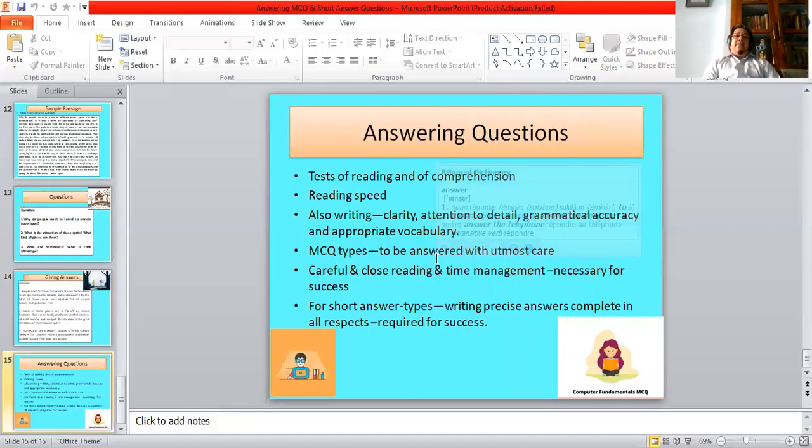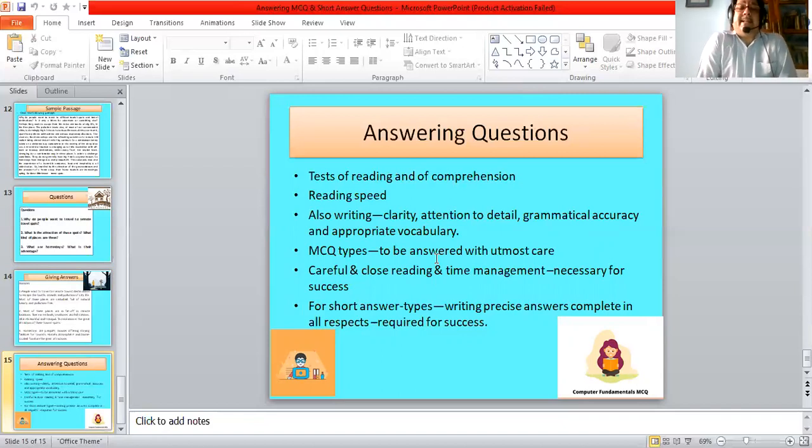Now, basically, these questions, which are based on MCQ type and short answer type, are tests of reading and comprehension, and also of reading speed. So, how much can you assimilate out of that reading and reproduce that effectively in writing within a short span of time?